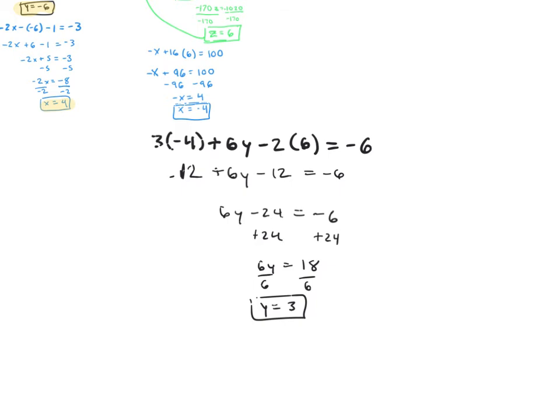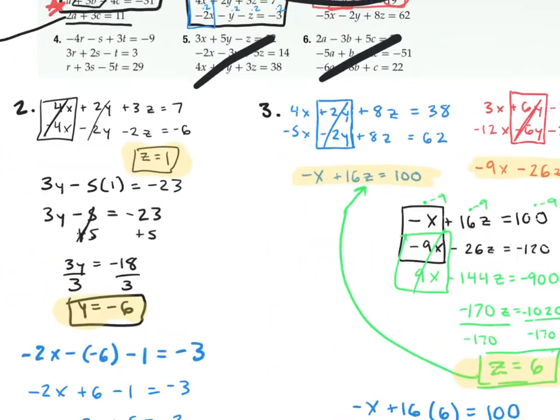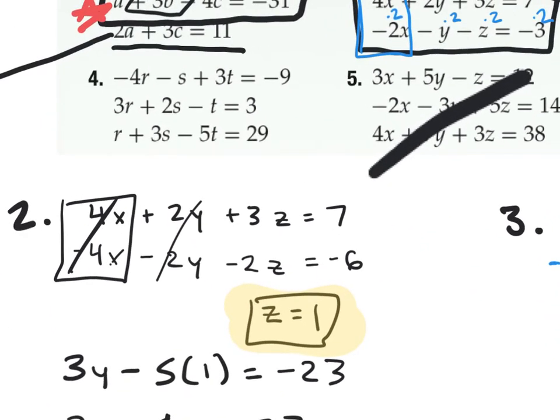With one problem. Looking at number 4. What do you want to cancel out first? S. That's a good one. We have a single s here, so we can cancel out our s's. What do we have to multiply times our first equation to get it to cancel out with our second s? Times 2. Perfect.